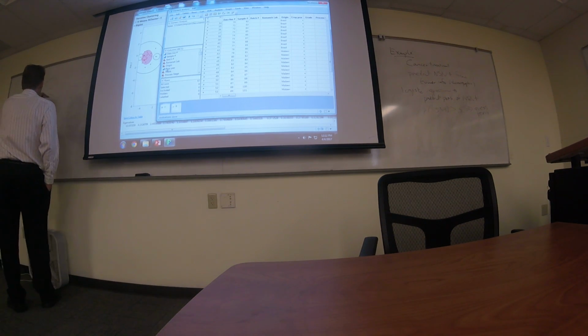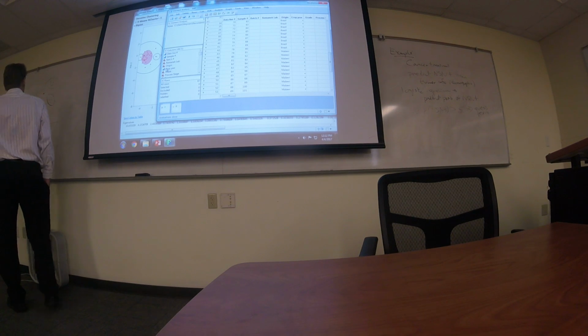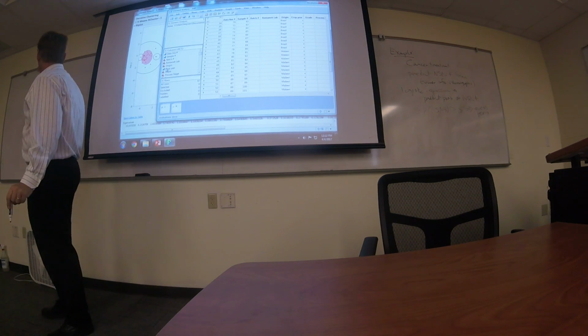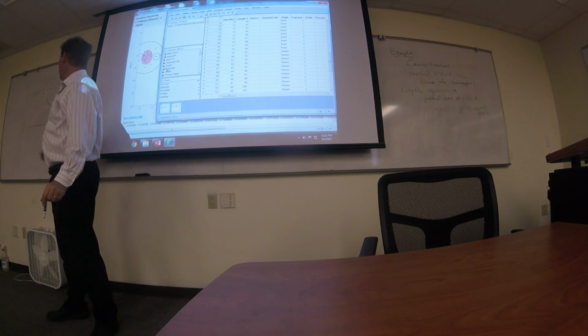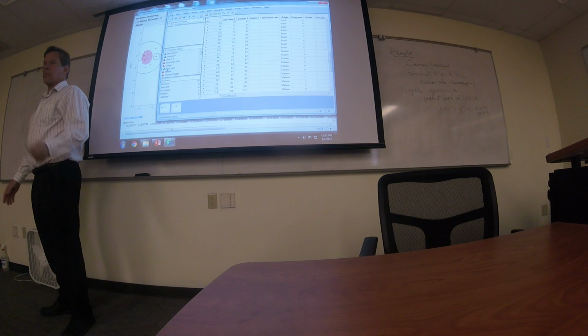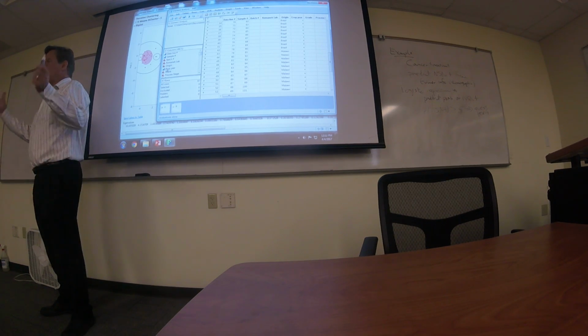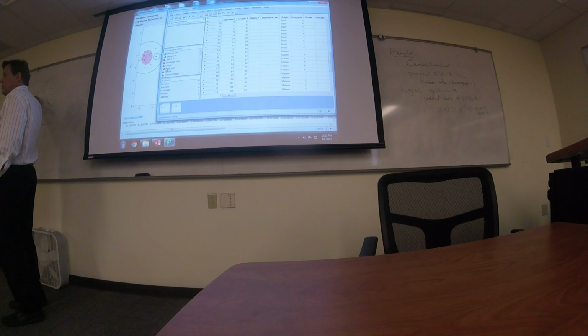So I need some data here. Which are the 3 points that are furthest away from that multivariate mean? Well, there are 3 of them. Because it's easy for the software to say, oh, the multivariate mean is here, no matter how many dimensions it is.